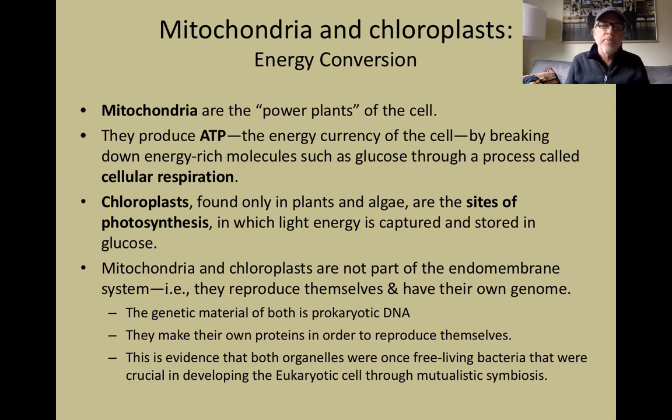This has caused people to hypothesize that both the chloroplast and the mitochondrion were once free-living bacteria. And through mutualistic symbiosis, these once free-living bacteria were taken into a cell, and that is a major part of the story of the evolution of eukaryotic cells from prokaryotic cells.